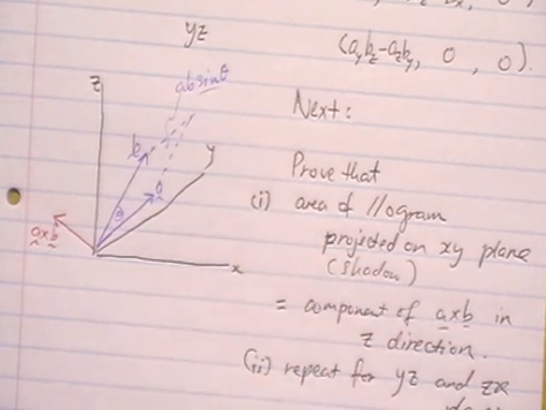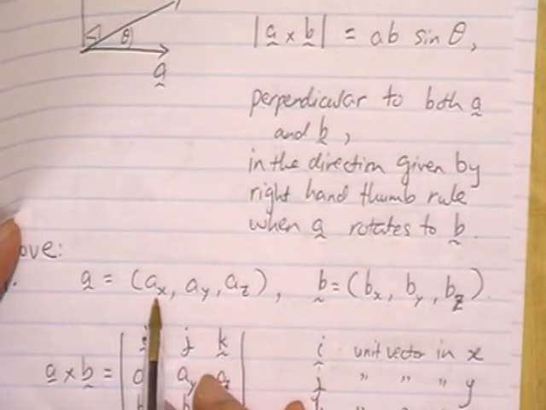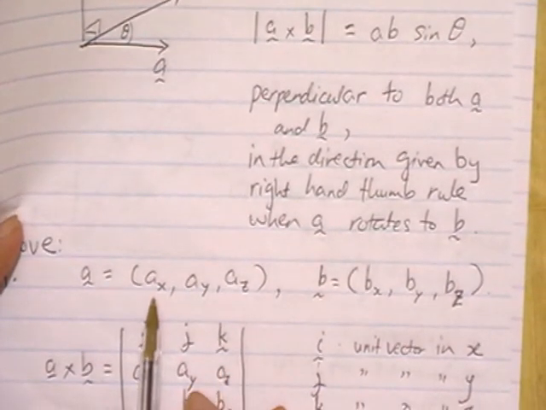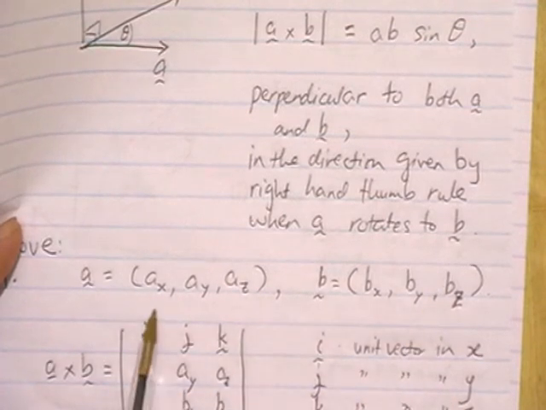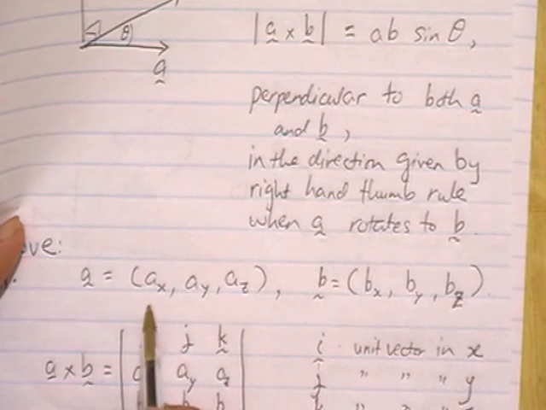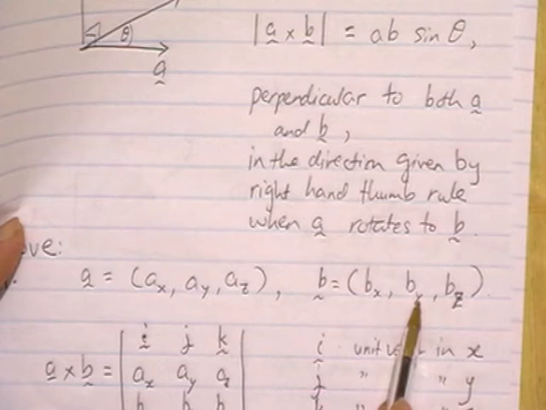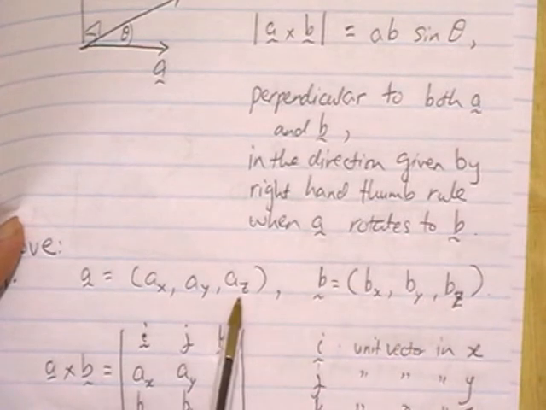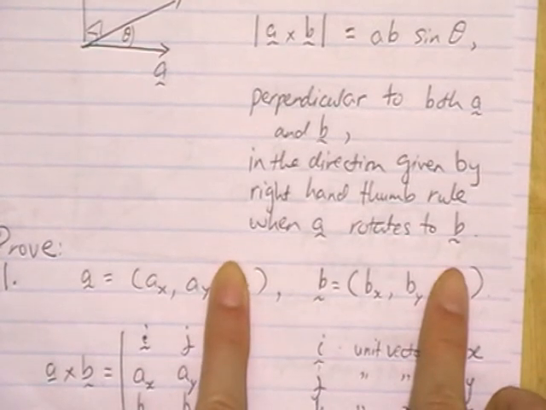Now, since the components of A and B are given by this, when it is projected onto the xy plane, we simply have to consider AX, AY and BX, BY, because the projection on the xy plane has no z component, so those two become 0. So all we need is to ignore those two.